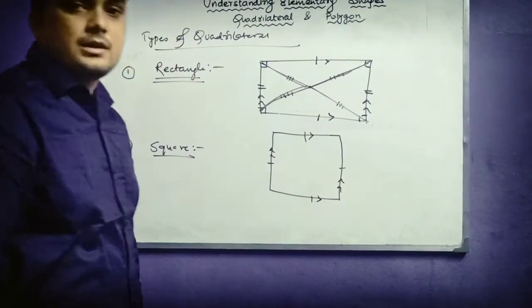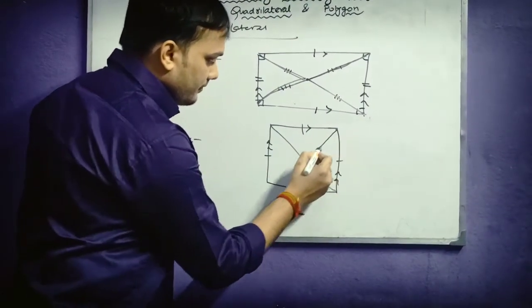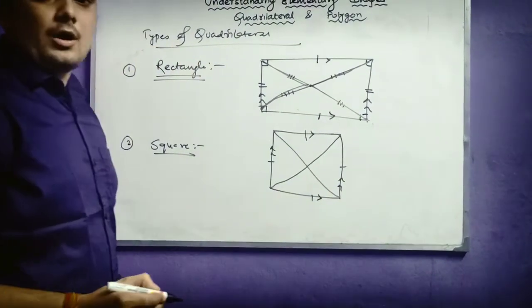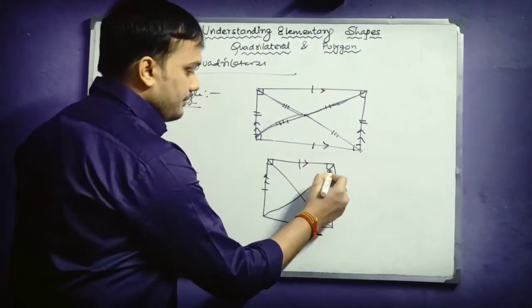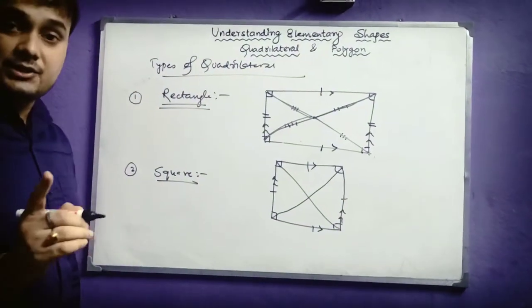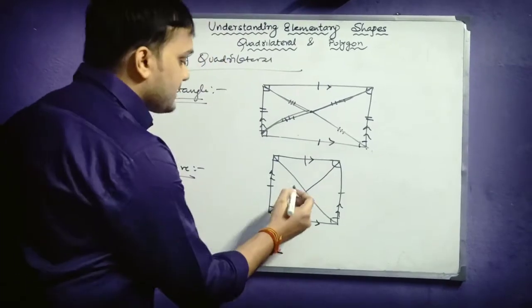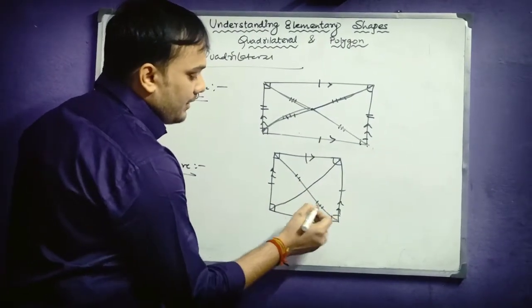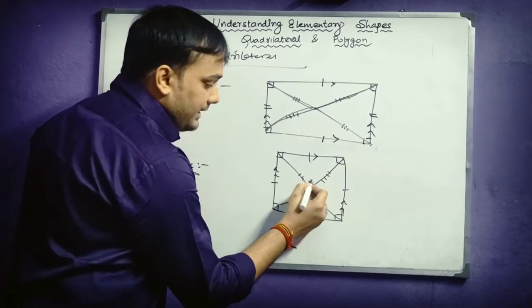Next, diagonals are equal. Next, all interior angles are 90 degrees. Next, diagonals bisect each other. Not only bisect, they perpendicularly bisect. That means this part will be equal and these angles will be 90 degrees each.